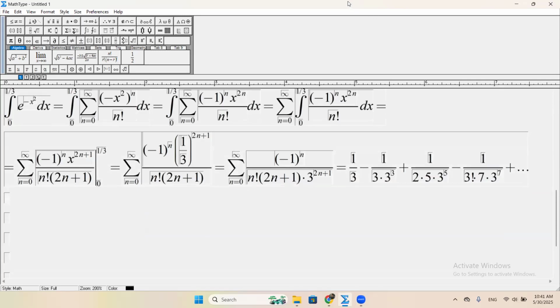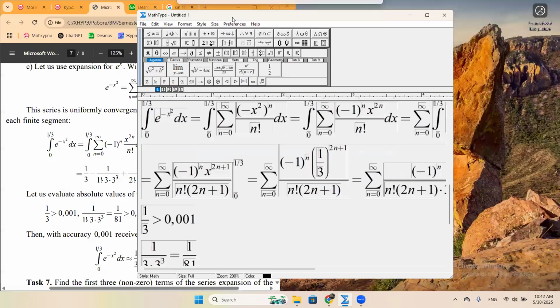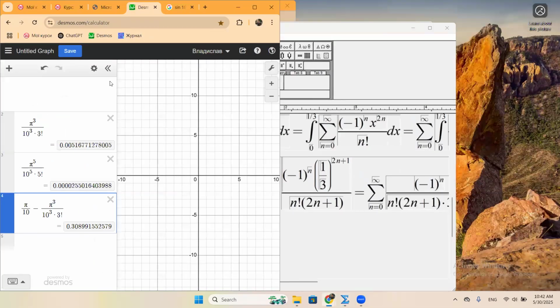So now let's evaluate these expressions. So 1/3 definitely is greater than the required accuracy. And what about 1/81? So let's calculate it here.